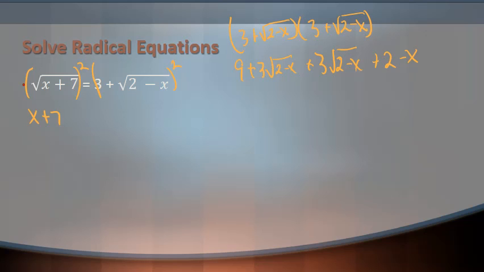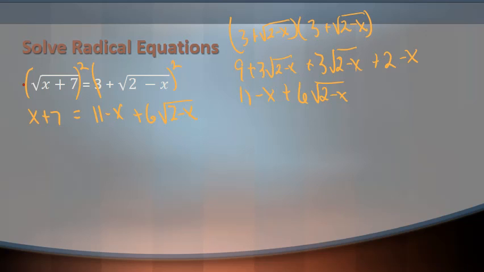So let's combine some like terms here. So we've got 11 minus x plus 6 times square root of 2 minus x. All right, so 11 minus x plus 6 square root of 2 minus x.